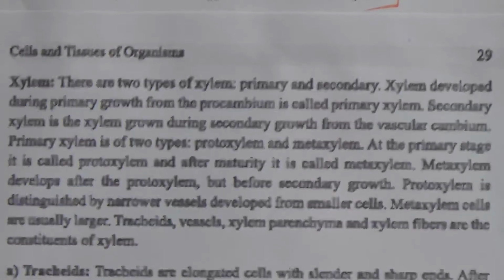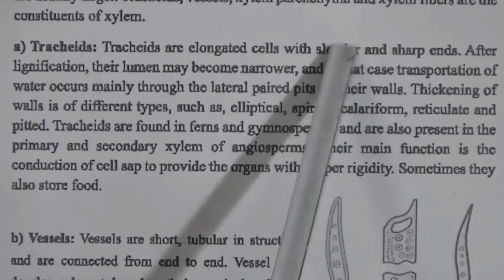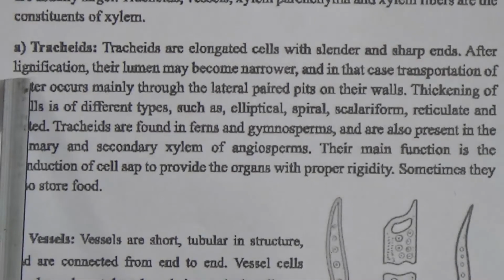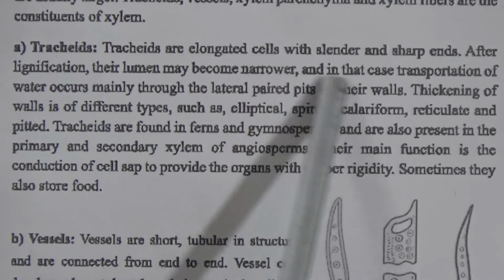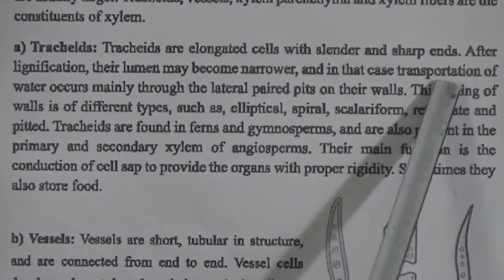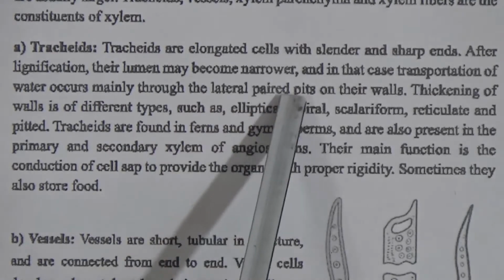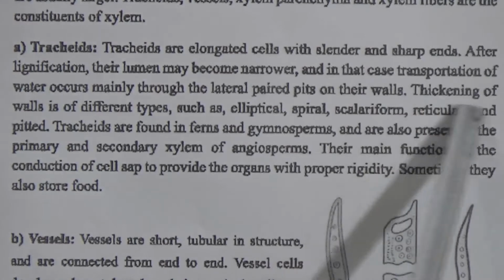Come to the tracheid. First type of xylem. Tracheids are elongated cells, slender with sharp ends. After lignification, their lumen may become narrow, and in that case, transportation of water occurs mainly through the lateral paired pits on other walls.